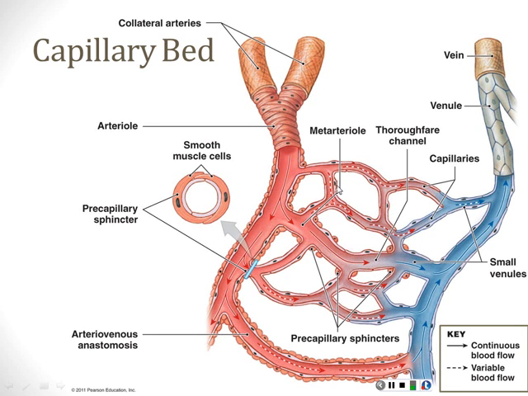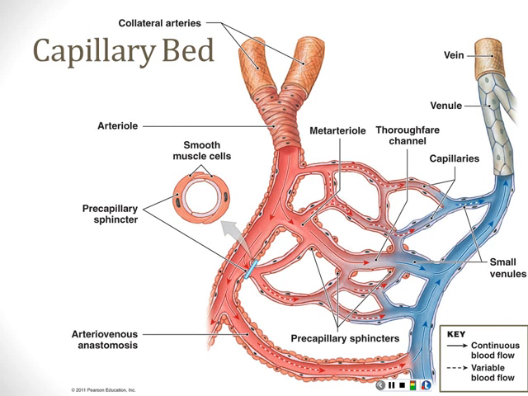Because let's say this tissue is dormant, it's a resting skeletal muscle. There's no point in having the blood flow through the capillaries because the tissue doesn't need anything at the moment. So there's a bypass channel, which is right here, called an arteriovenous anastomosis. So when the capillary bed is shut down, the blood is going to flow through this bypass channel instead, so that it can still return to the heart and return to the lungs to get refreshed.